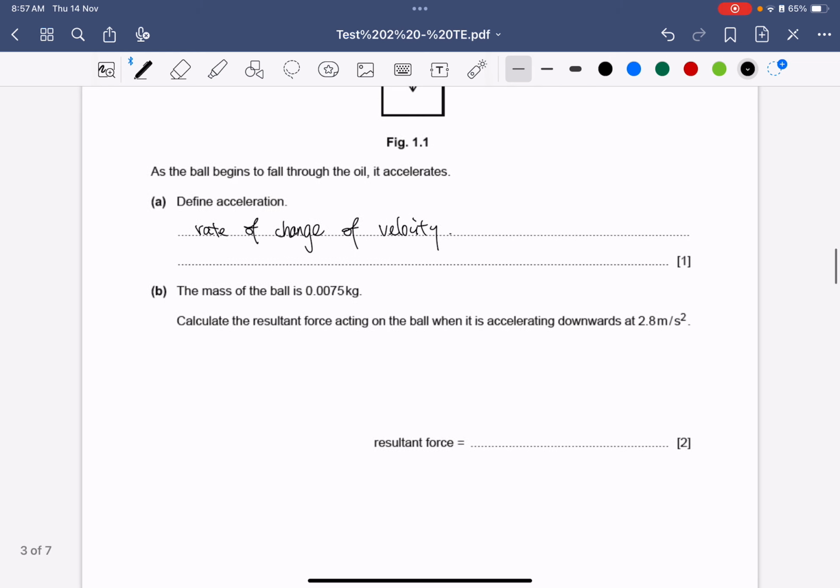The mass of the ball is this one. Calculate the resultant force acting on the ball when it is accelerating downward at 2.8 meters per second squared. So we're given the mass, we ask the resultant force, we're given acceleration. So this one's simple. We can use F equal to ma, because this F is really the resultant force.